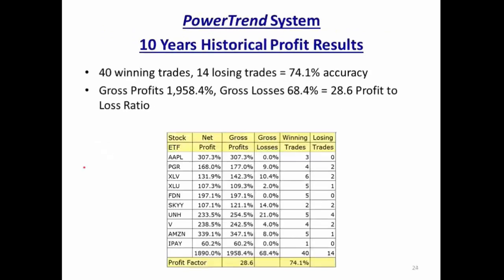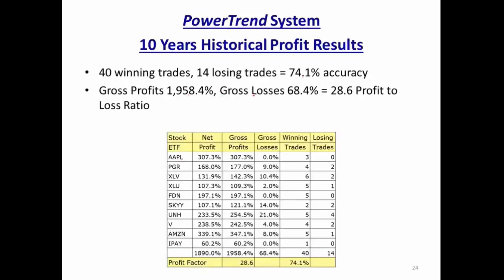And looking at the historical results, these are the 5 stocks and ETFs we tested, and we had 40 winning trades, 14 losing trades, so we had about 74% accuracy using the system. Gross profits were 1,958%.